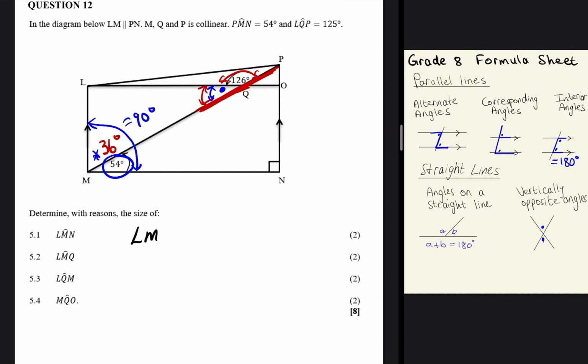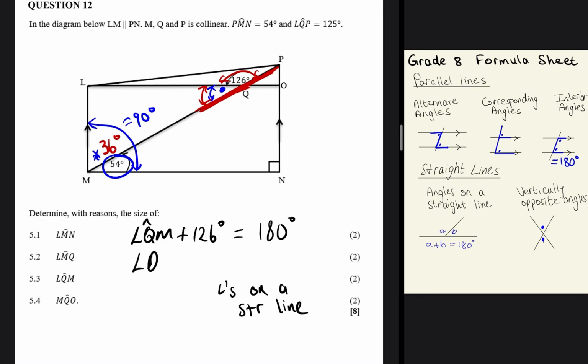So let's write down angle LQM plus 126 degrees, both of them equal 180. Why? Because it's angles on a straight line. Now let's work it out. Leave LQM on the left hand side, equals 180 degrees. And again, like the previous one, this plus 126, we want to move over to the right hand side.